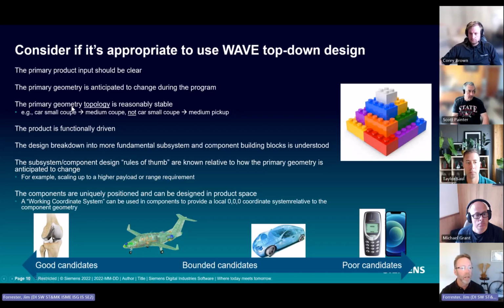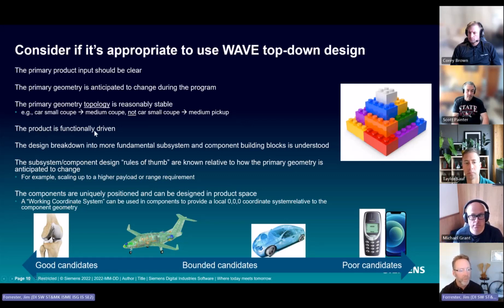The primary geometry topology is reasonably stable. In other words, going from a small coupe to a medium coupe, the topology is the same. Going from a small coupe to a medium pickup, that topology is completely different. So it's very difficult to do that.